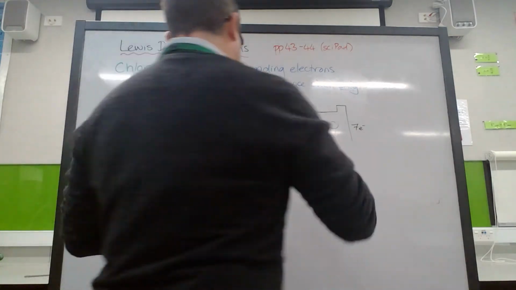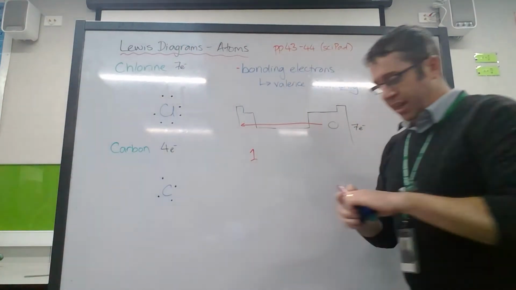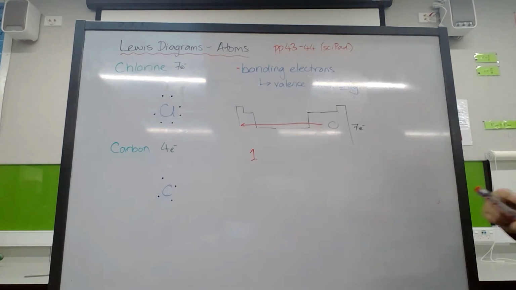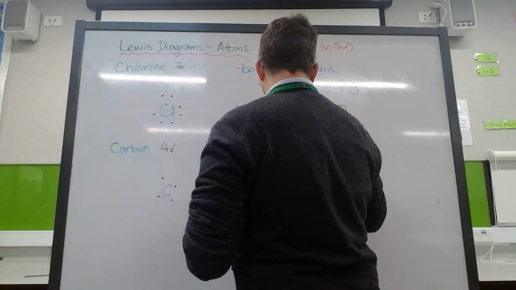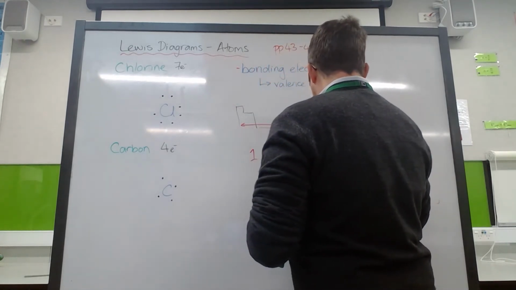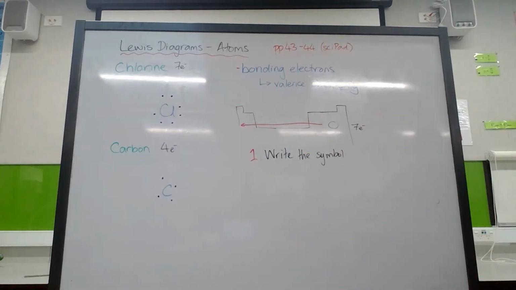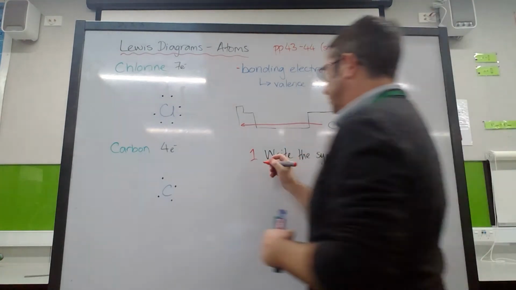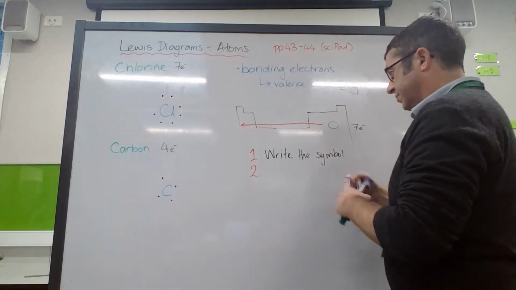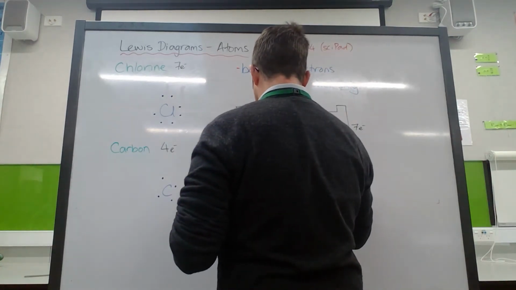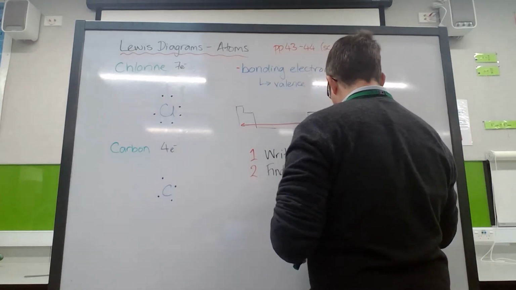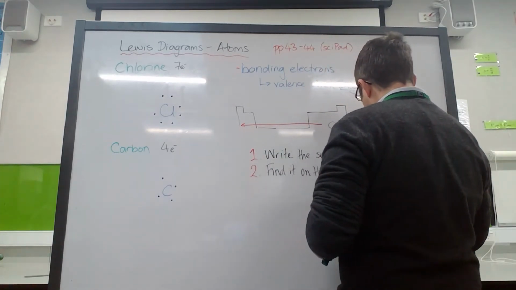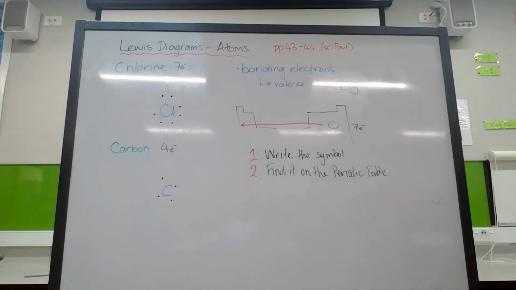So let's go through that process quickly. Step 1 is actually to identify the element, so the symbol of the element. Step number 2 is to find it on the periodic table. By doing this, it allows us to work out how many valence electrons it's got.